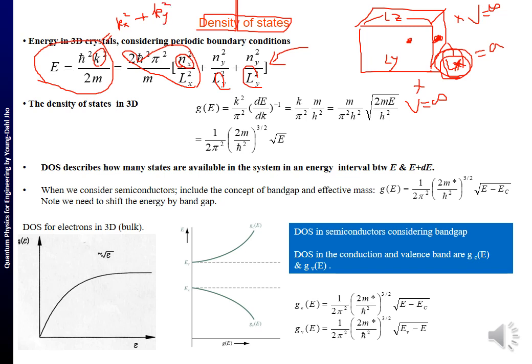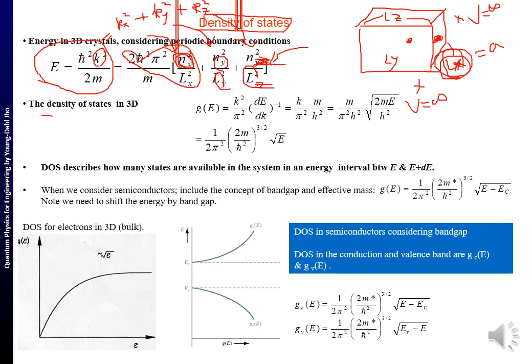Then K value is fixed and discrete. Those three K values, Kx, Ky and Kz, should be discrete now. So that's the way we have quantum numbers assigned to nx, ny, and this should be nz. I'm sorry about that. It should also be Lz.